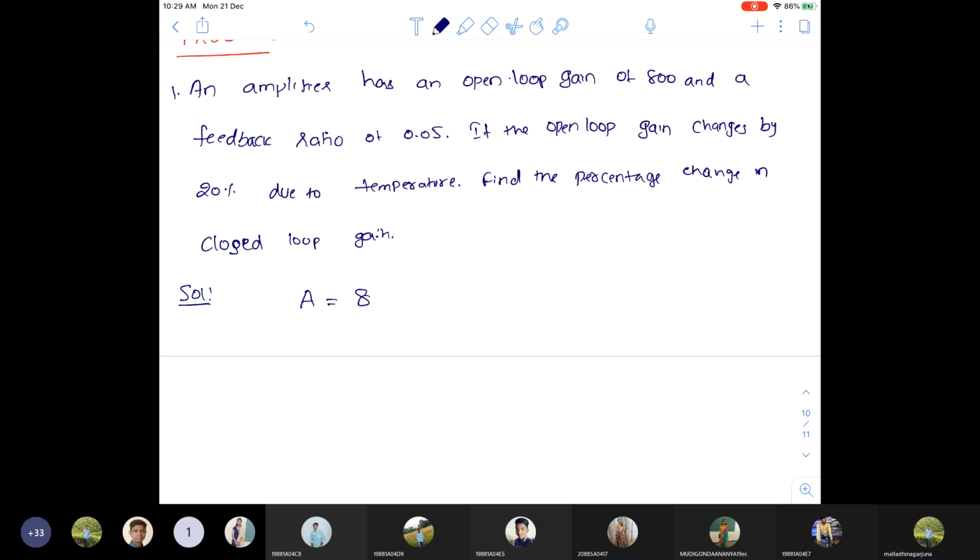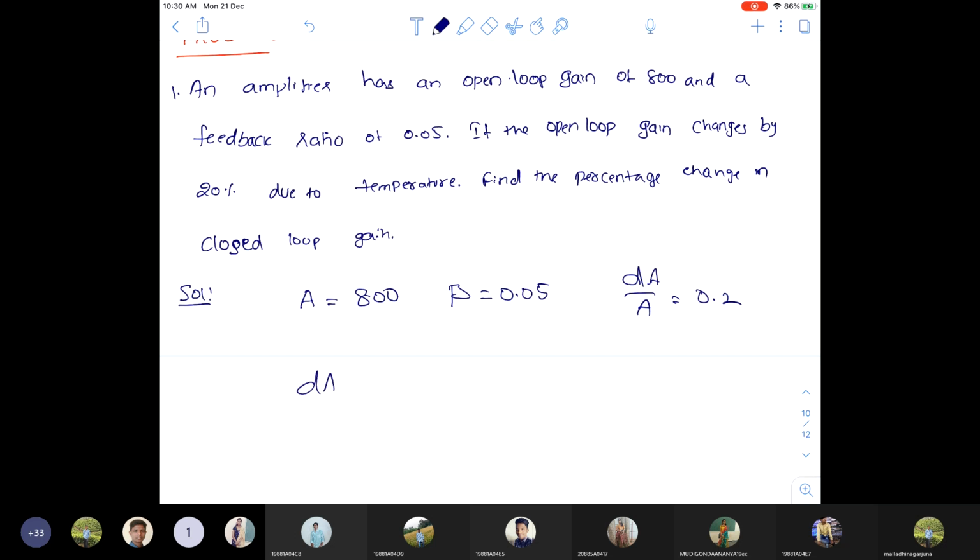From the question, A equals 800 and feedback ratio beta equals 0.05 are given. If the open loop gain changes by 20% due to temperature, then dA by A equals 20%, that is 0.2.